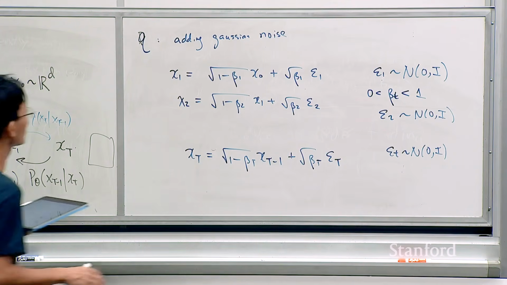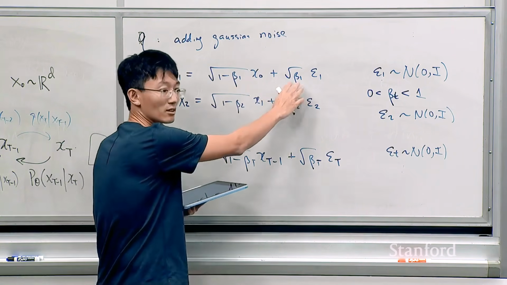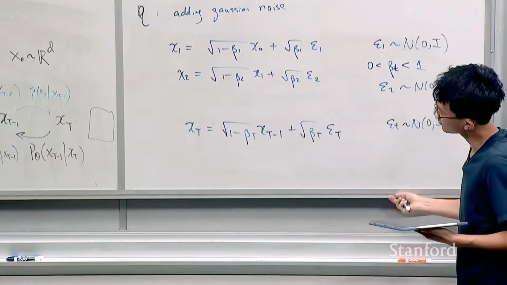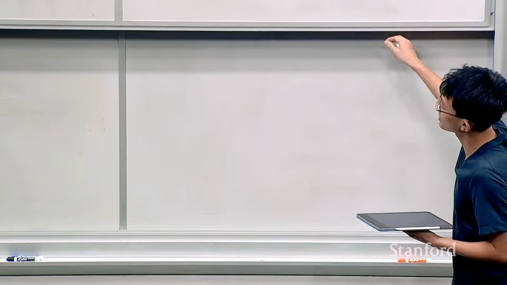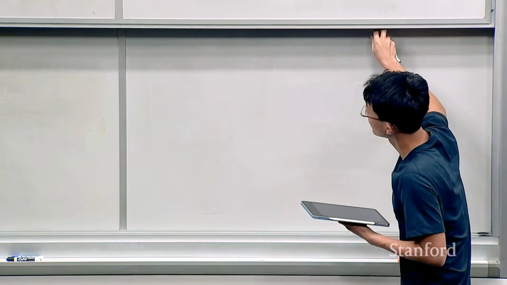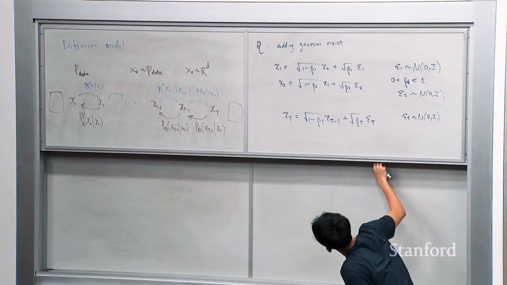And you may wonder why I'm choosing these two coefficients this way. This is because, in some sense, beta t is the variance of the noise you are adding, right?